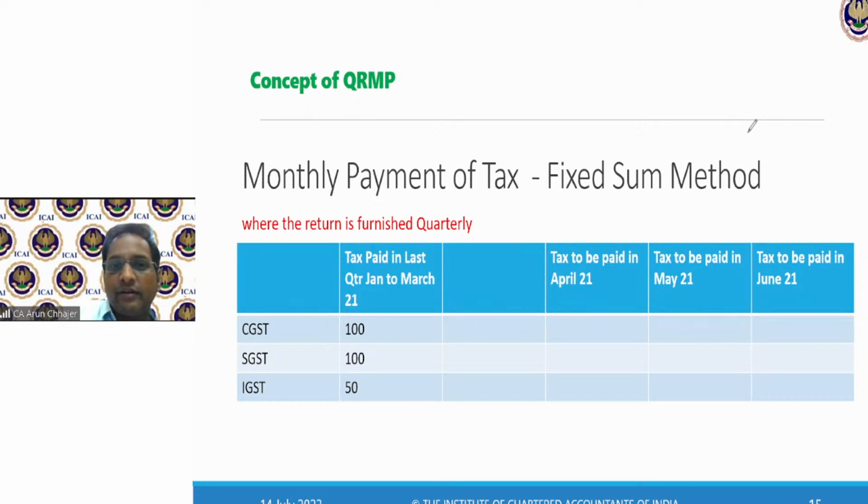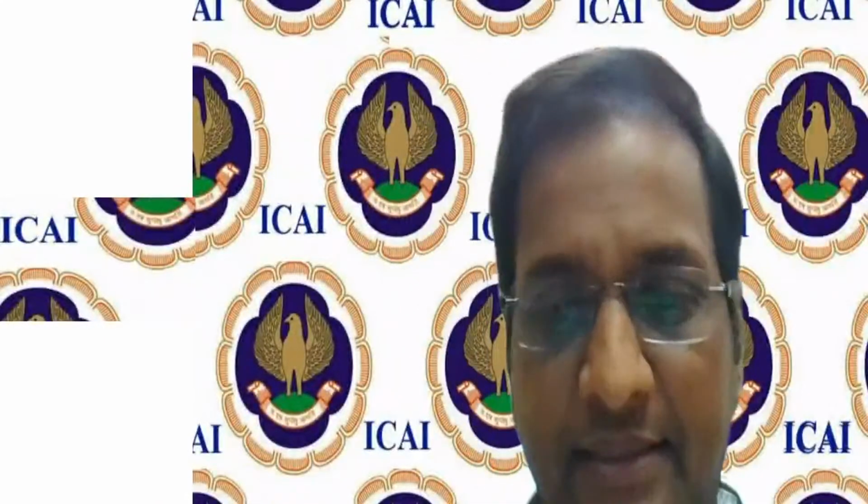Then when you select PMT 06, there are two options, na: are you depositing because of QRMP or are you depositing because of other?